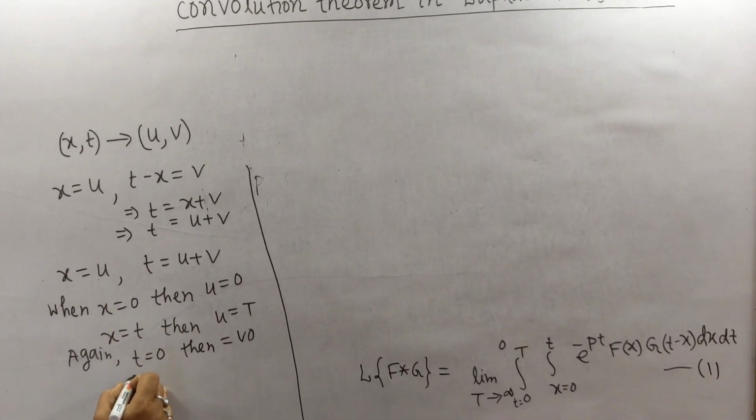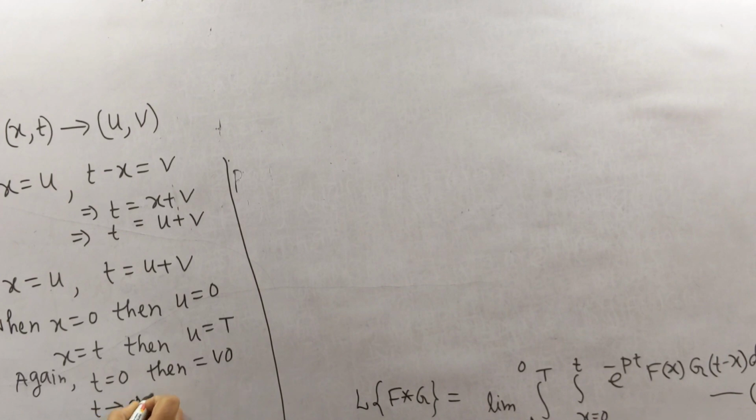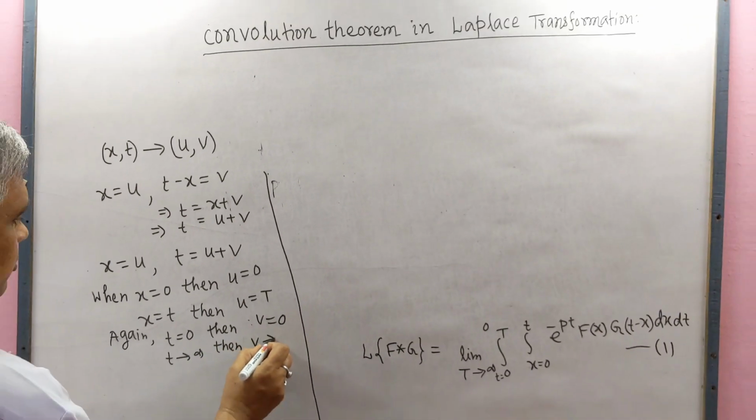When t tends to infinity, then v equal to 0; and when t tends to infinity, then v tends to infinity.